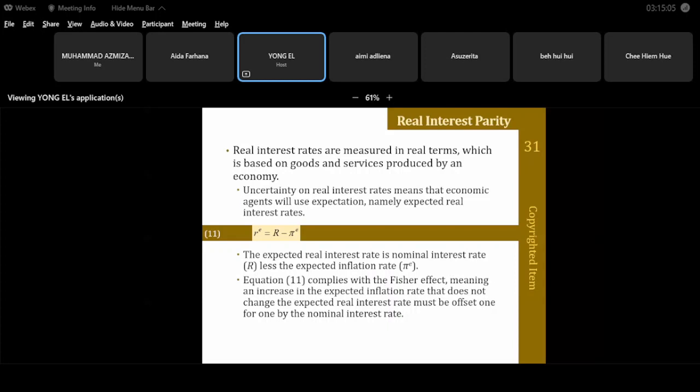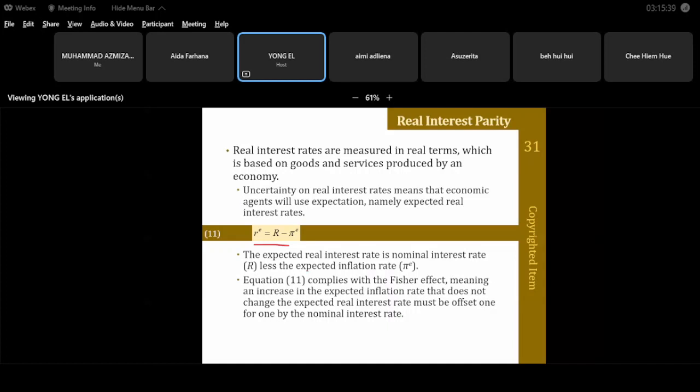And therefore, the real exchange rate can be written in this way, meaning the real exchange rate is equal to the nominal exchange rate net of the inflation rate. Meaning, if we want to find out the real purchasing power of our money, how many goods and services we can purchase, then we need to take into consideration the price effect.